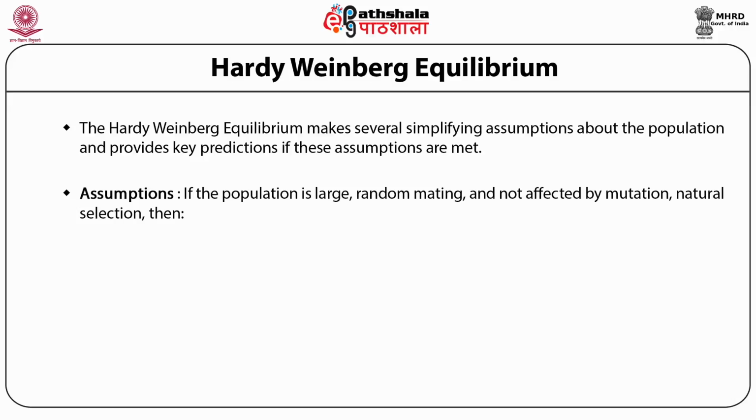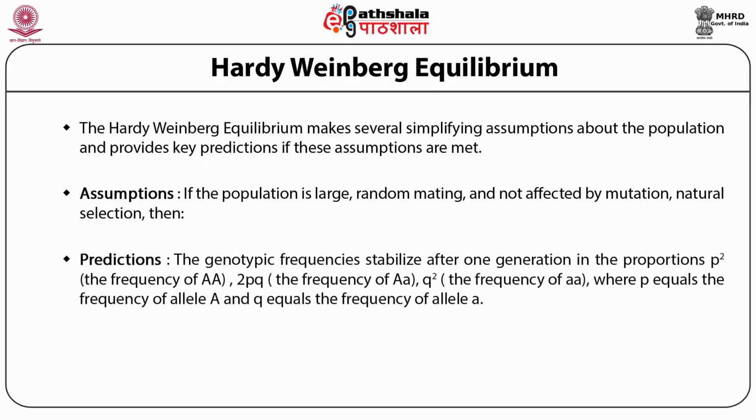If the population is large, mating is random, and it is not affected by mutation or natural selection, then the prediction is that the genotypic frequencies stabilize after one generation in the proportions p squared, 2pq and q squared, where p is the frequency of allele A and q is the frequency of allele a. p squared is the frequency of the AA genotype, 2pq is the frequency of the capital A small a genotype, and q squared is the frequency of the recessive small a genotype.